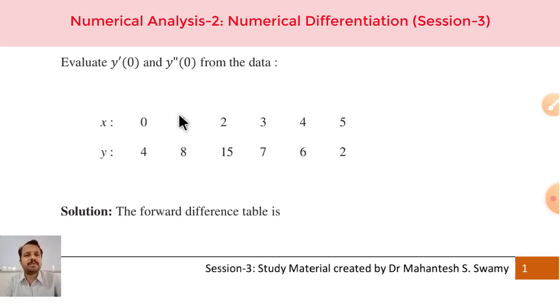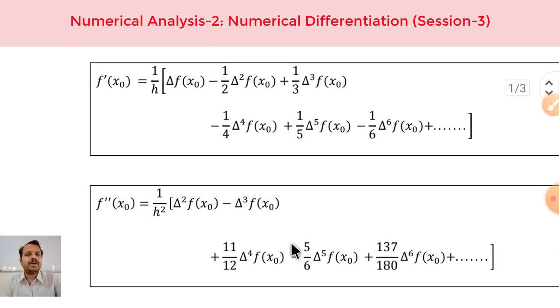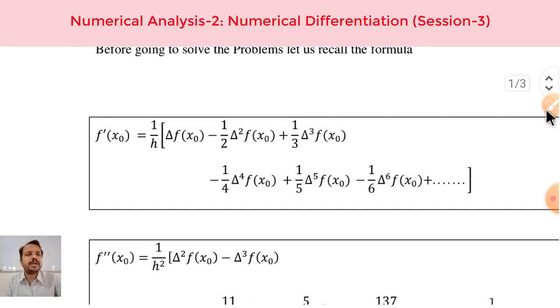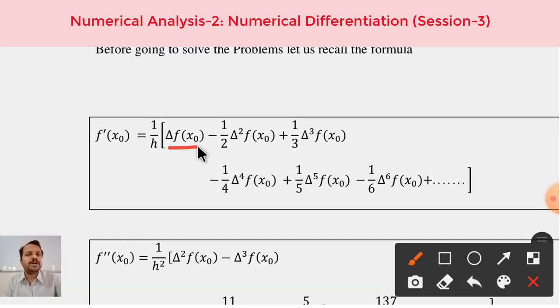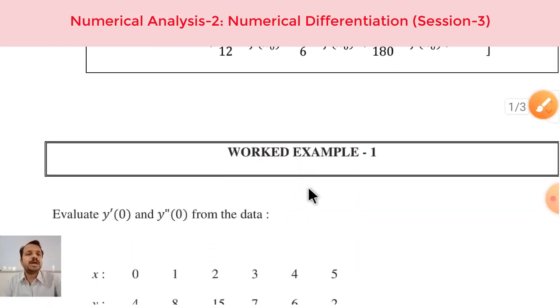So this is the table we are having, and if we look at the formula, we require the differences, the first order difference, the second order difference, the third order difference, fourth order difference, and so on. At the initial point only we need, that is only the leading differences we will be looking at. So therefore we are supposed to find the differences.